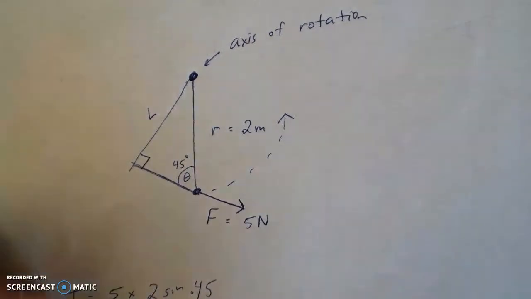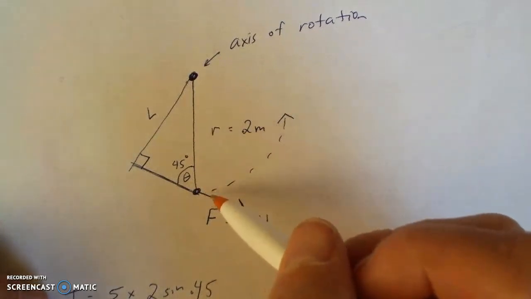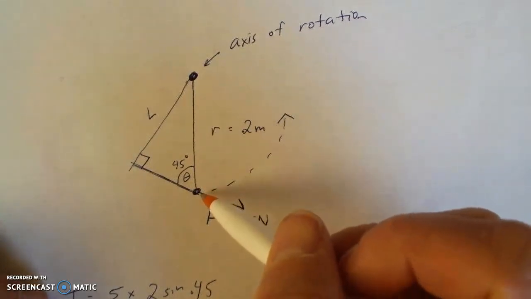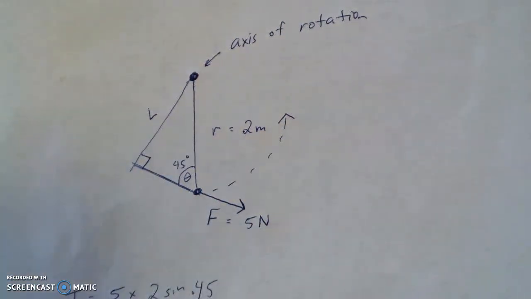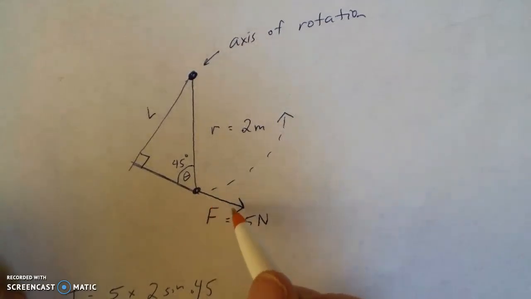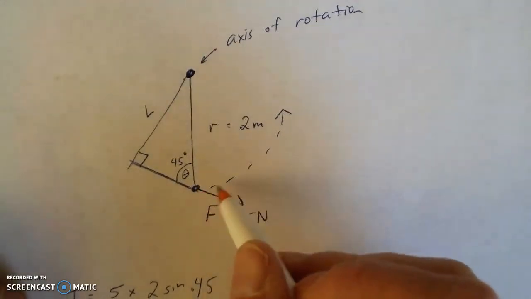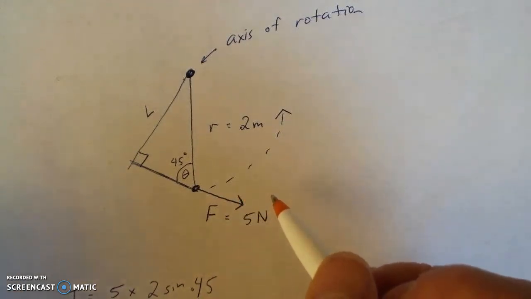I have the radius of this circle as 2 meters. Now if my force were perpendicular to that radius, then that radius would just be the lever arm. But in this case, you can see the applied force here is sort of pushing out a bit. It's not tangent to that circle. So the force is going to be a little bit less.